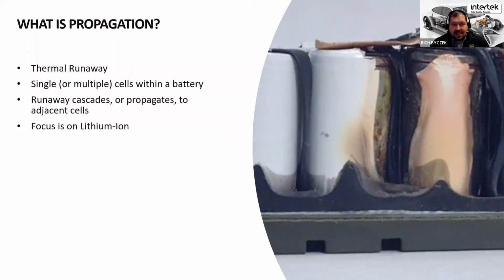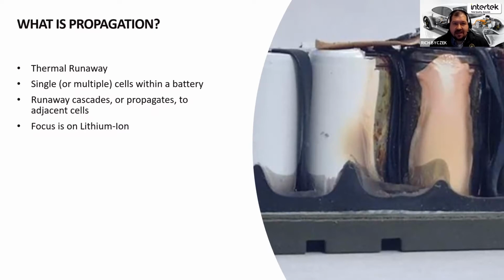So that's propagation. We do expect, from a statistical standpoint, individual cells across production are eventually going to have some sort of manufacturing defect, premature aging, potentially a design issue, but more likely something where that cell is not representative of the majority of the manufacturing population.